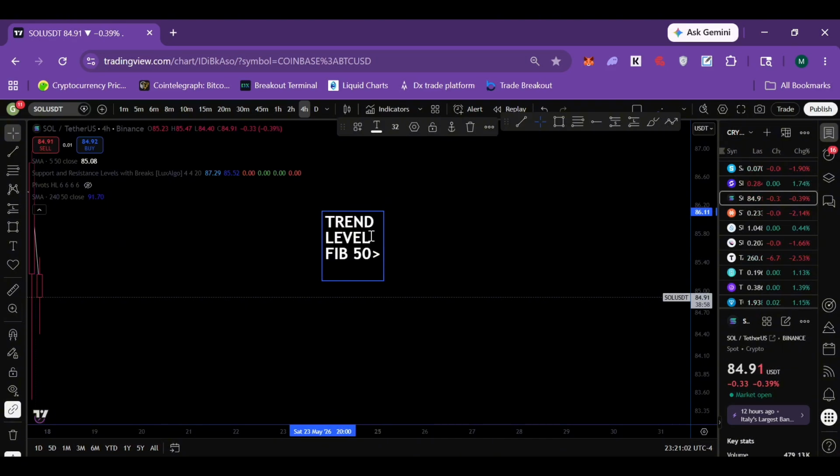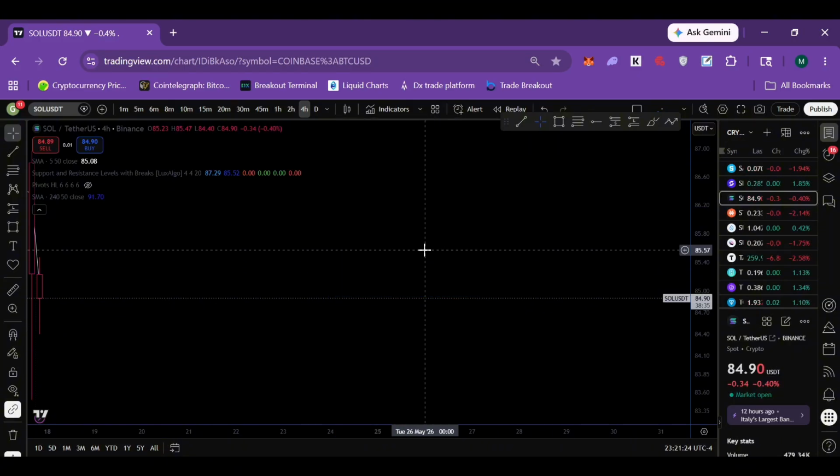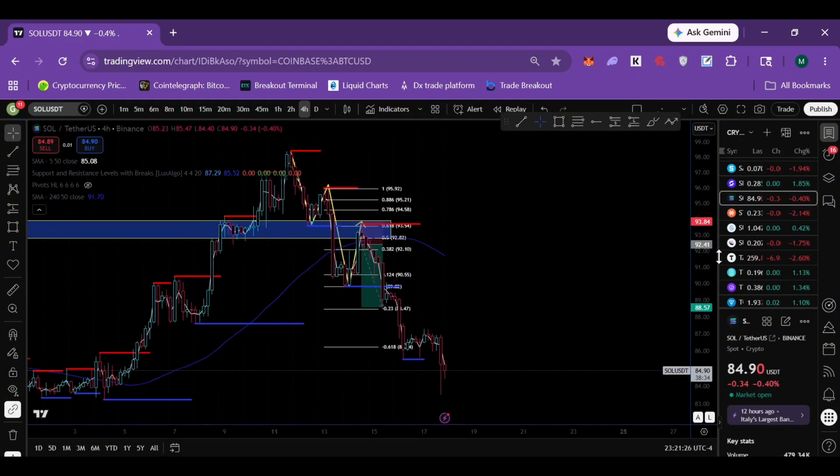Oh, and then we're also looking for an SMA to follow the trend. So we're looking for trend, we're looking for a level, we're looking for our SMA to follow the trend, and we're looking for our fib above 50 or the 0.5. Right? And that's what we look for every single time.